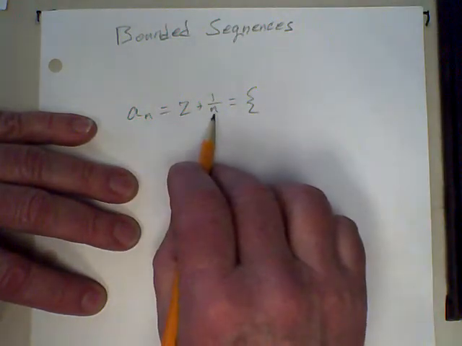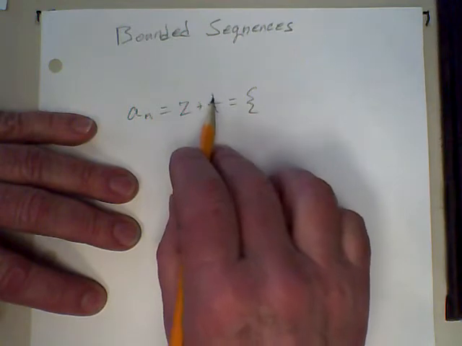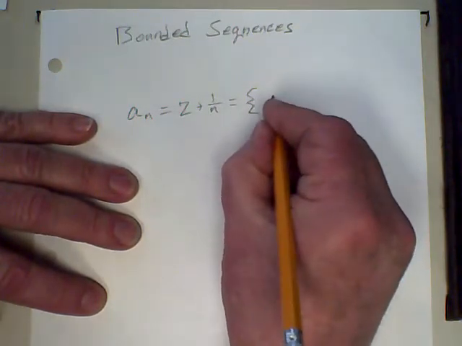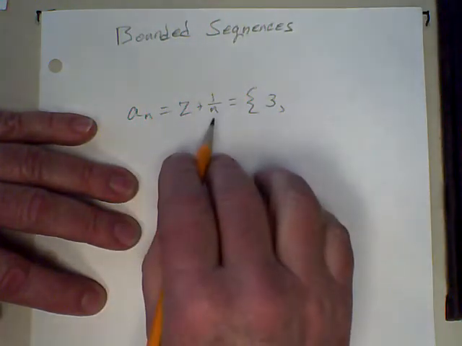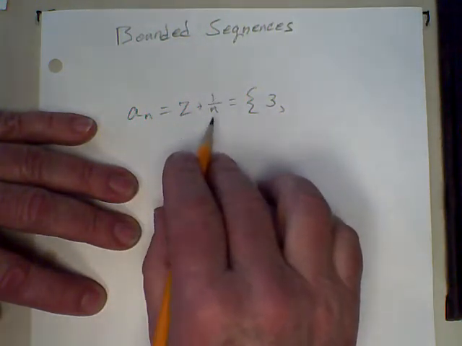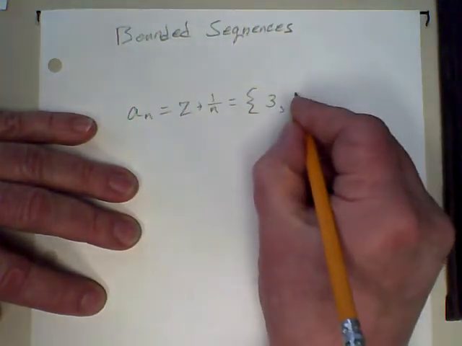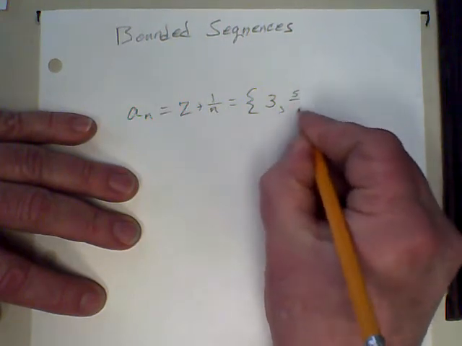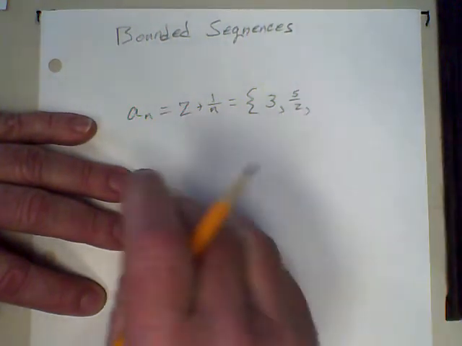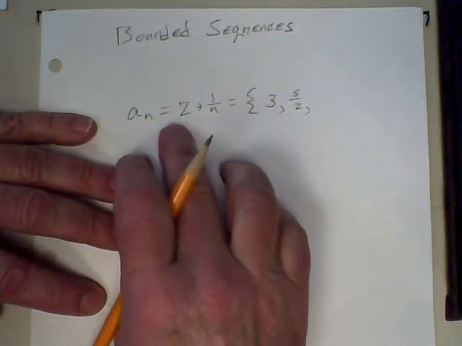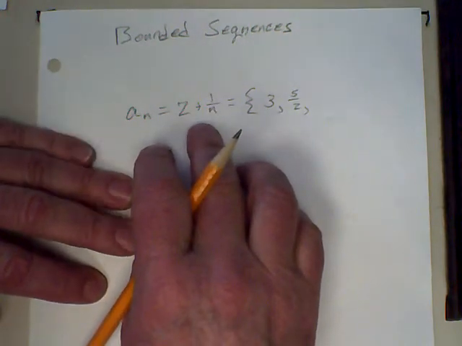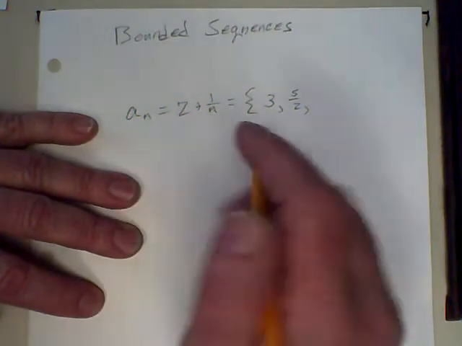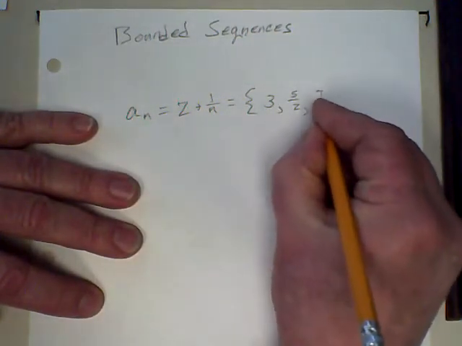When n is 1, then we have 2 plus 1 over 1. So 2 plus 1 over 1, of course, is 3. Now, when n is 2, we get 2 plus 1 half. 2 and a half, I think I'll write that as 5 halves. And then when n is 3, we get 2 plus 1 third. 2 is 6 thirds and 1 third, 7 thirds.